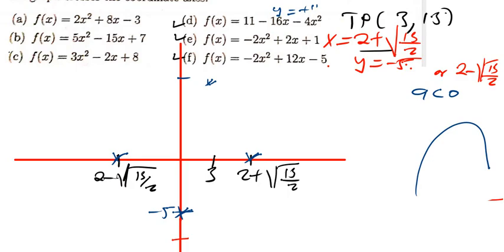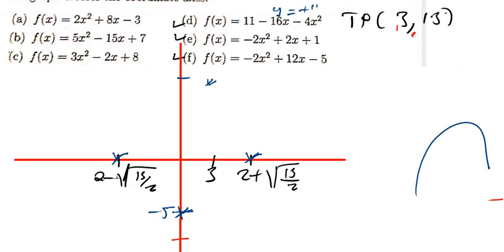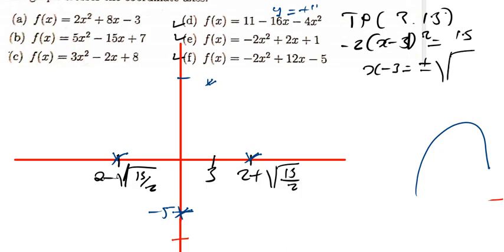If you remember very well, this x value, we had this. It's supposed to be x minus 3 is equal to plus or minus the root of 13 over 2.